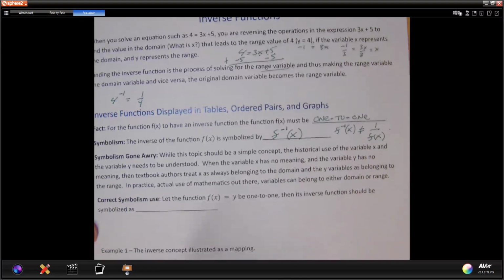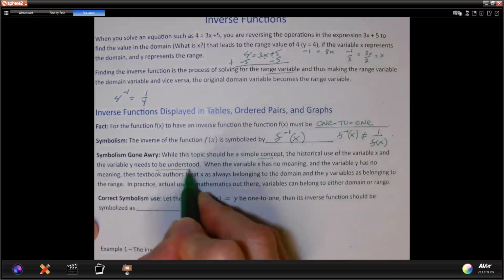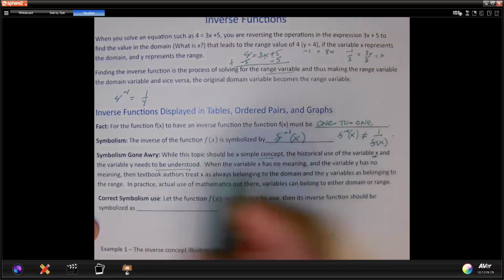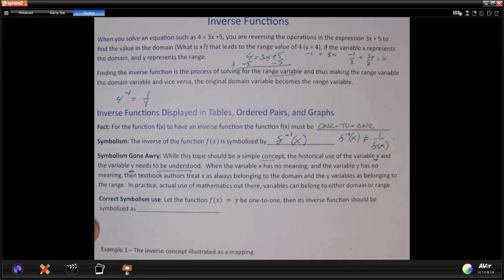All right. Now, symbolism gone awry. Again, more symbolism. While this topic should be a simple concept, the historical use of the variable x and the variable y needs to be understood. A problem arises when we start to be too strict with these variables.